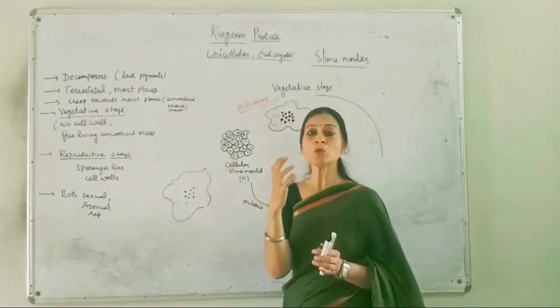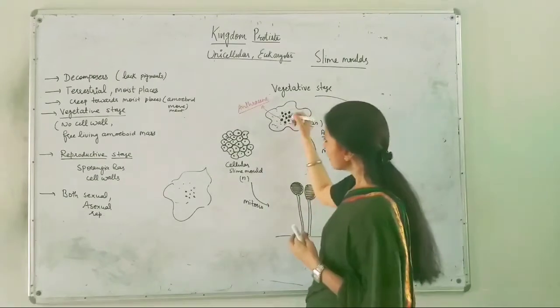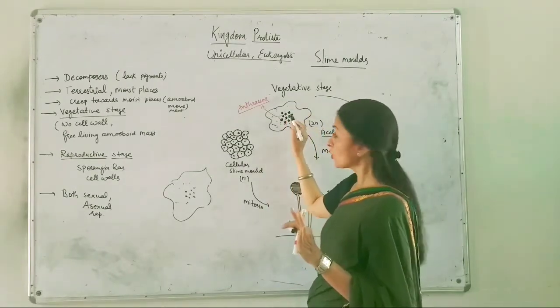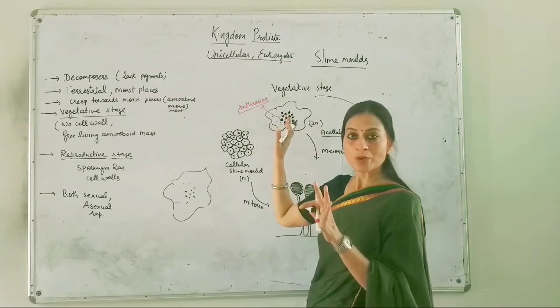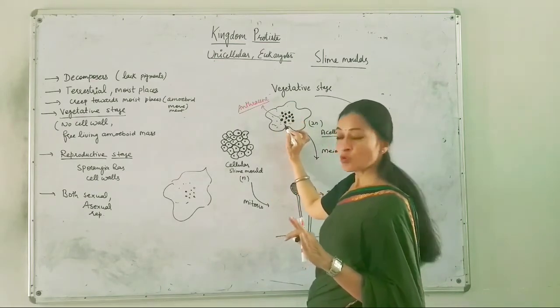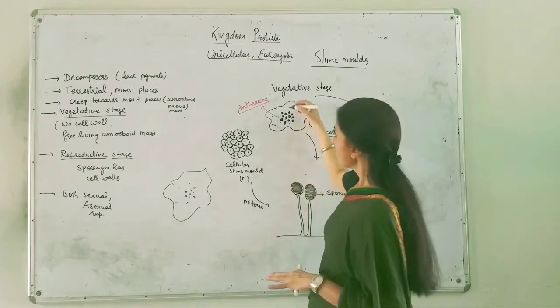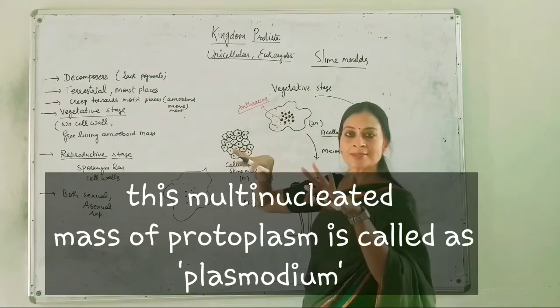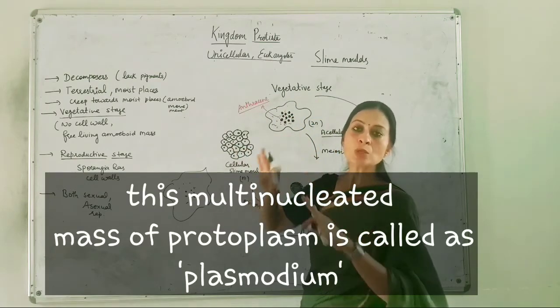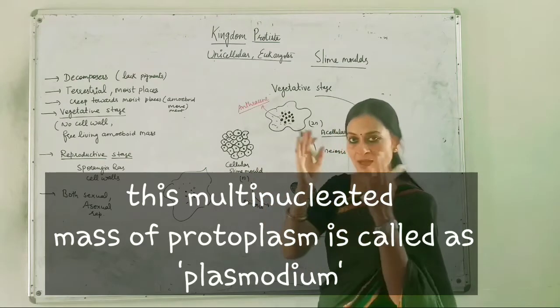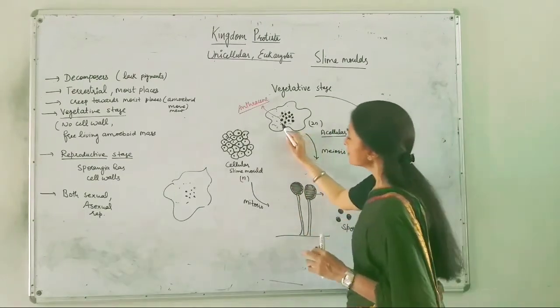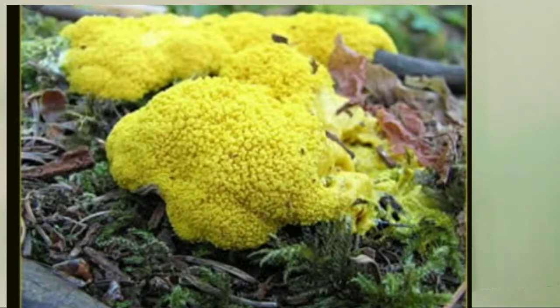It is a multi-nucleated structure, and these nuclei are located in the center. This area where the nuclei are present is also known as nucleoplasm, while the outer area is clear of nuclei. Nuclei are not present in the outer area.